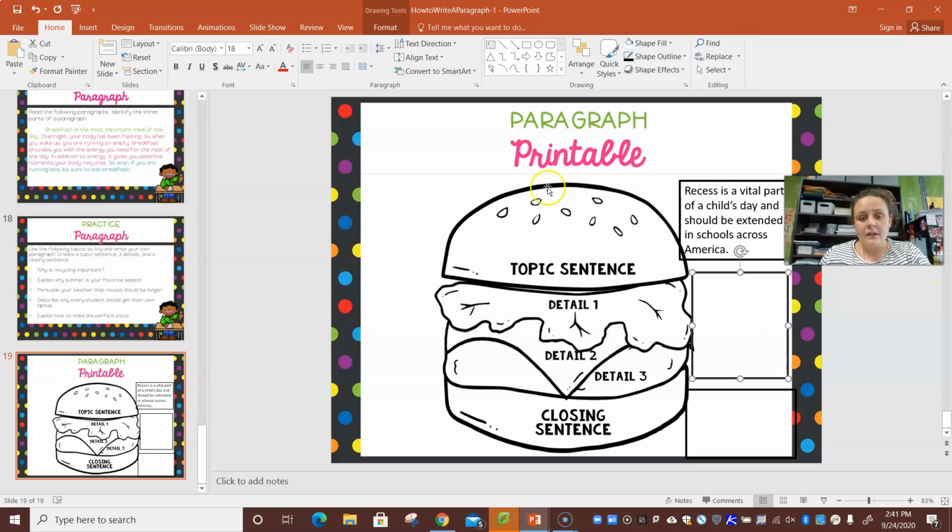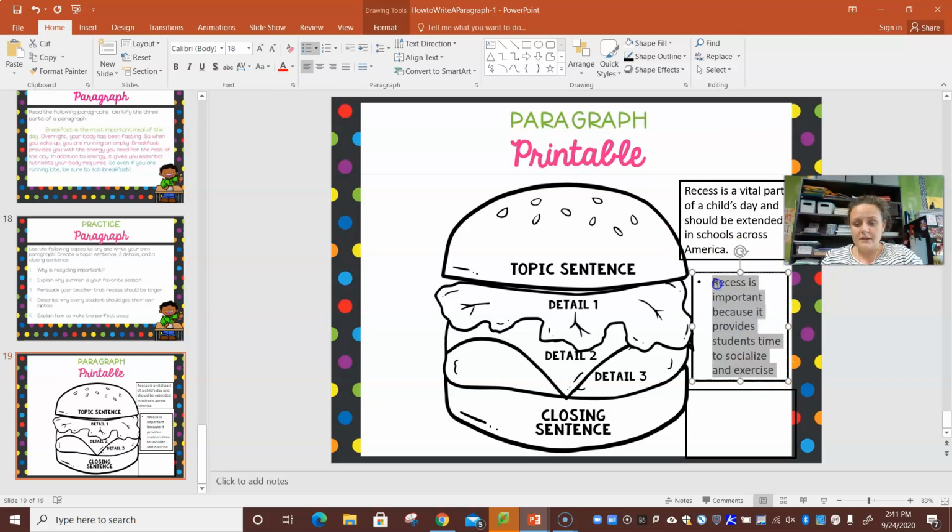I'm going to go ahead now and come up with my 3 supporting details. I'm going to use bullet points now before I put it all together in a paragraph. So I'm going to say recess is important because it provides students time to socialize, which means be with their friends, and exercise.